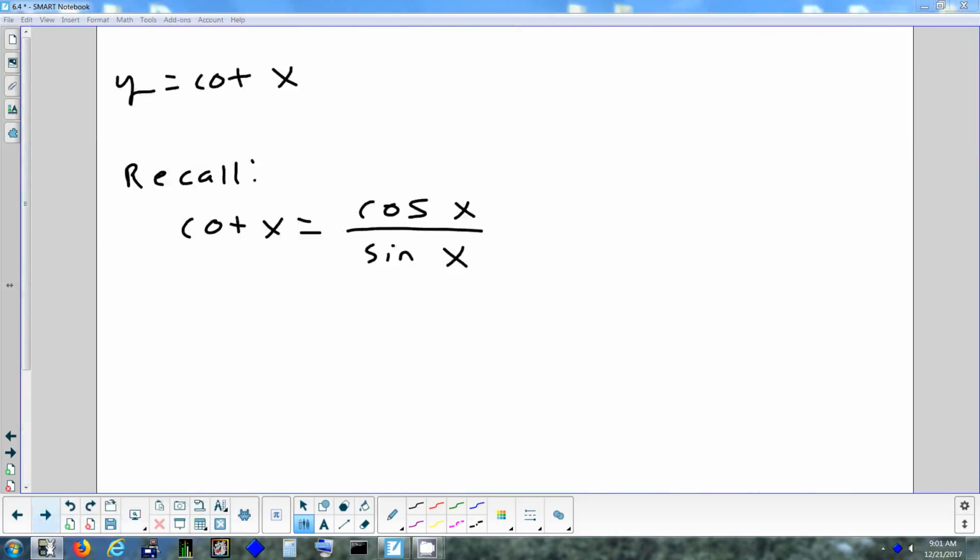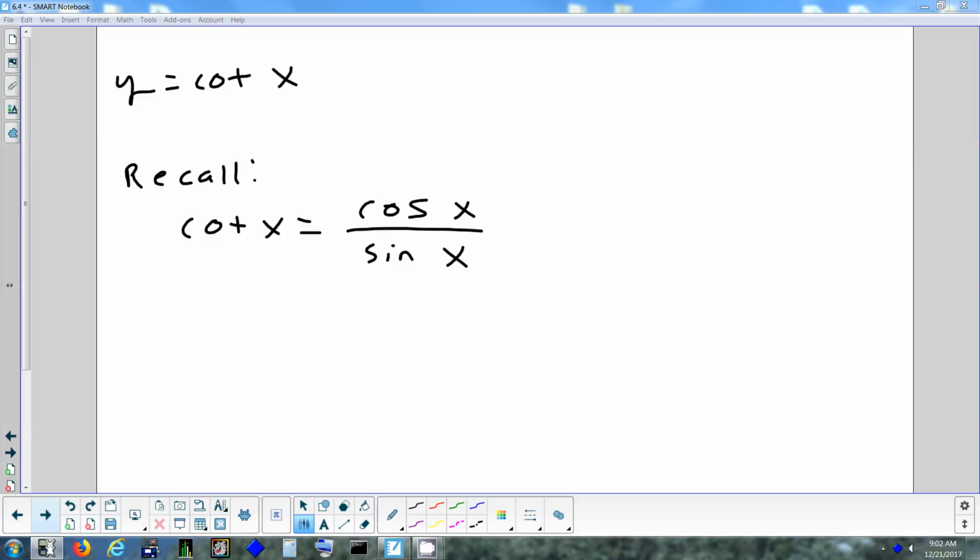I'm not going to go through all the same steps here, but you could go through all the reasoning. Cotangent is going to cross the x-axis when the numerator is 0. You're going to have vertical asymptotes when the denominator is 0. What's the difference between the fraction I have here and the fraction I had on the other page? Cosine is on top, and on the other one it was sine. The cosine and the sine have switched places.